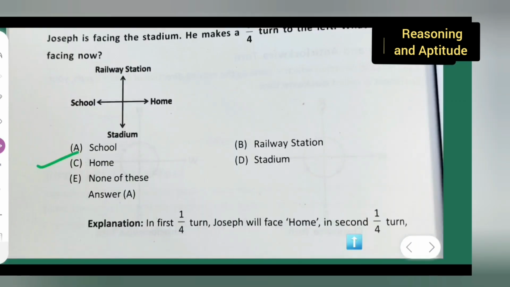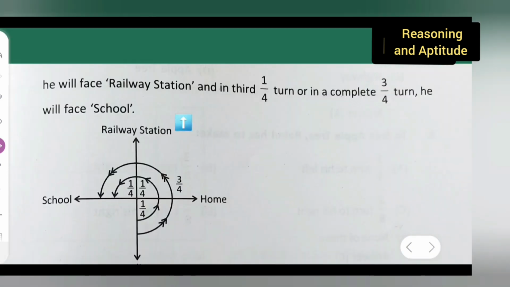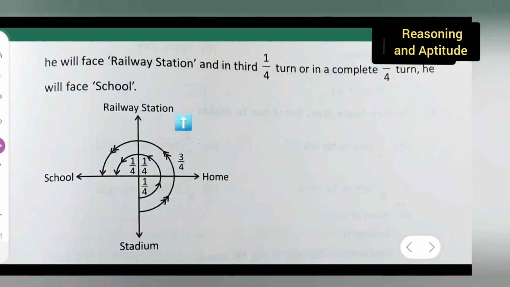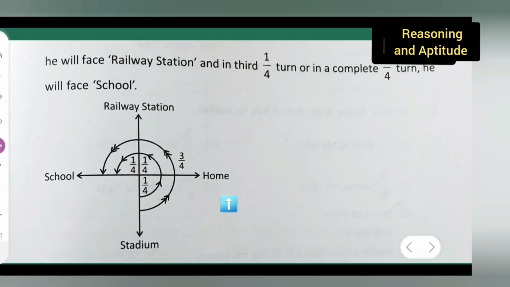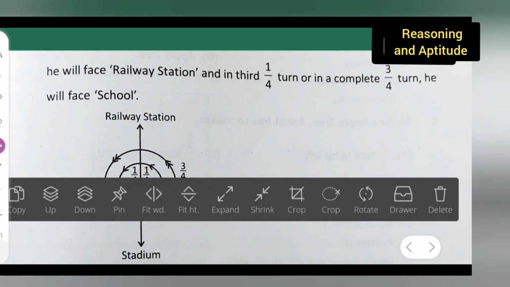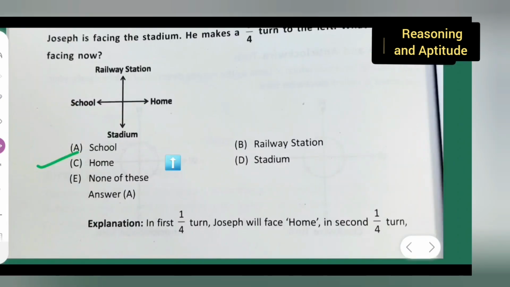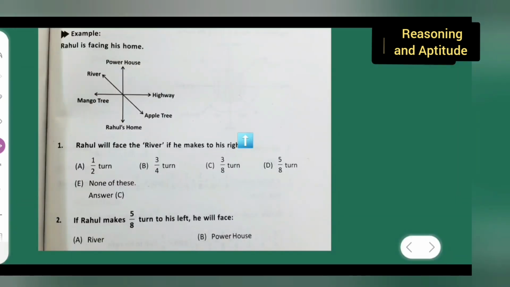So your answer is school, the first one, A1. You can see this clearly over here in the diagram, right? So you can all do this. So basically this is the answer. Next, moving further, this is the explanation part. Next, let us see.